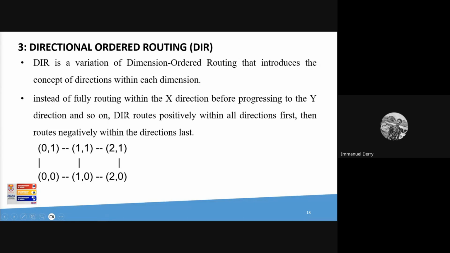So instead of fully routing within the X direction before progressing to Y, and so on, the directional ordered routing routes positively within all directions first, then routes negatively within the directions last. That is to say that the directions are taking a fixed order, and once you move forward, you never reverse again.